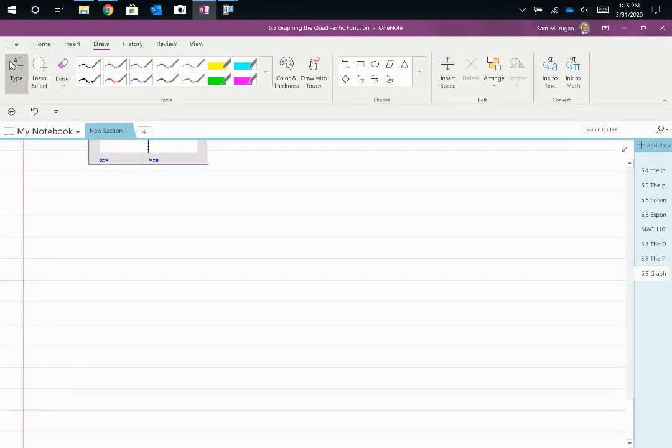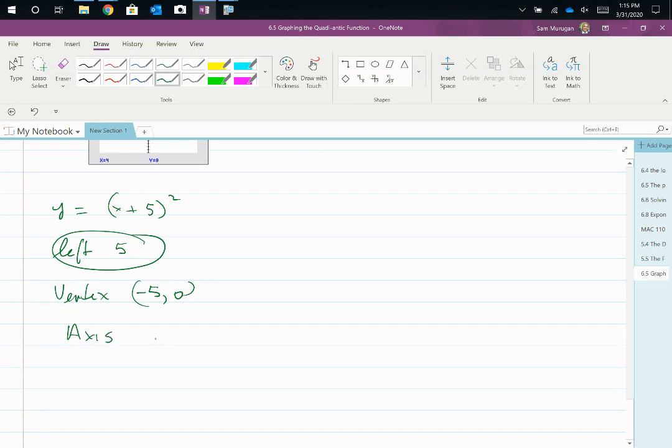Now, if we were to say y is equal to (x plus 5) squared, this is left 5. The vertex is at (negative 5, 0) because we're going left.